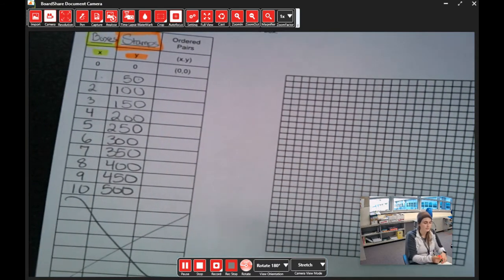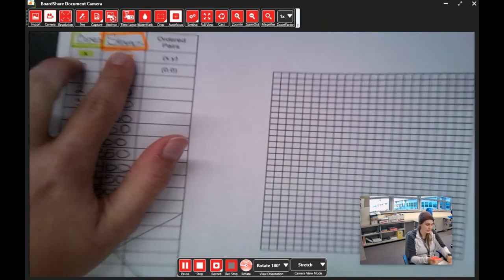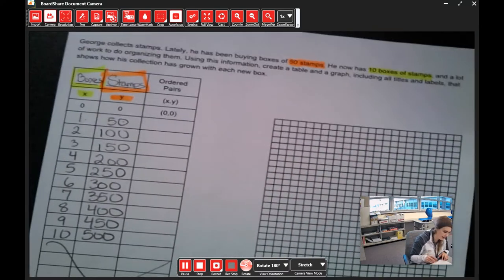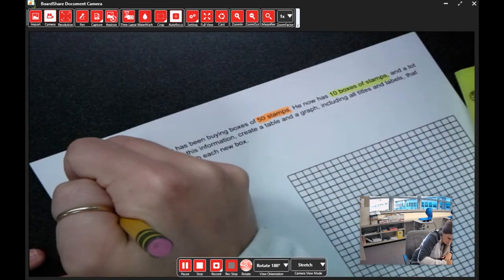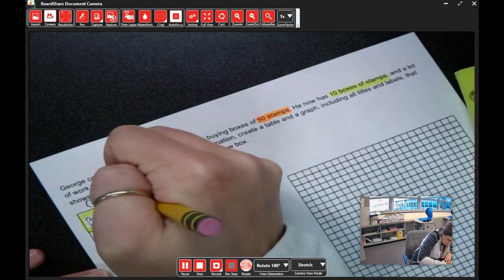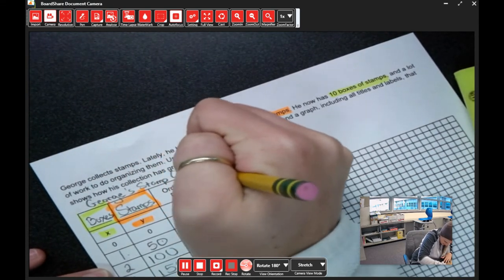Okie doke. Got a table. It's got labels. Oh, it doesn't have a title. I should probably add that. George's stamp collection. And I can't forget to title my graph as well.